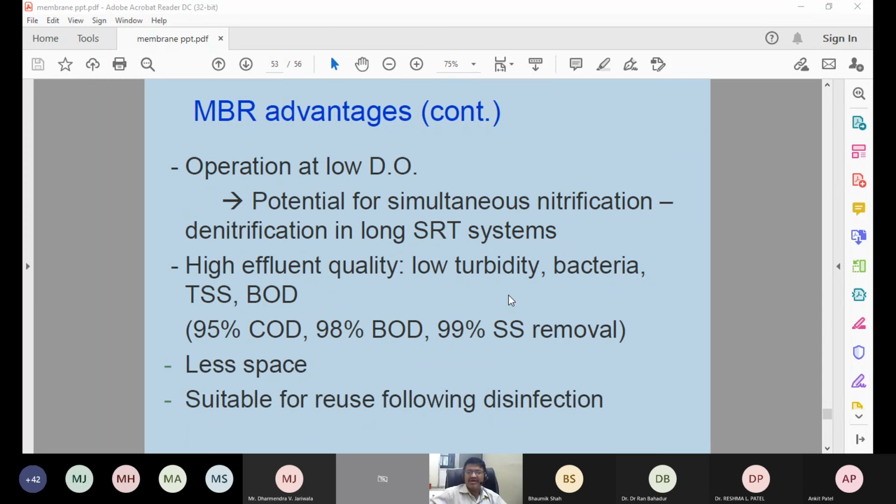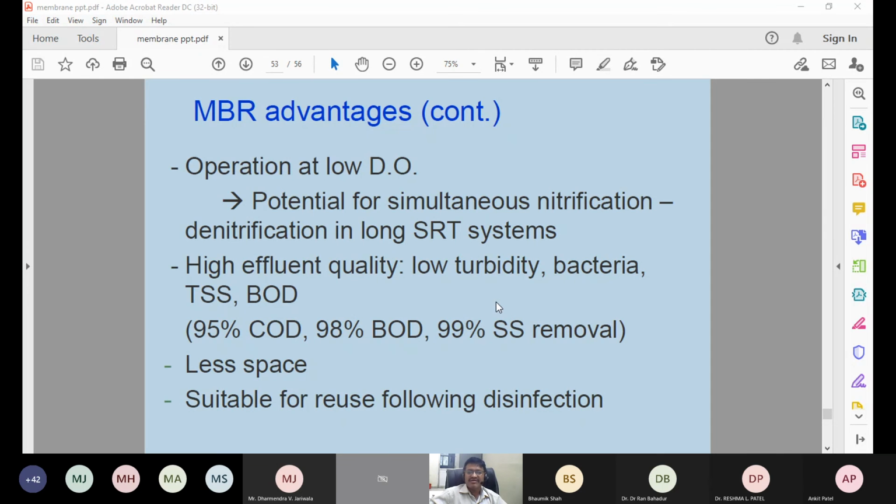In one institute I was earlier, the authorities wanted the RO to be placed, but TDS was 200. I was trying to convince them that we don't require RO, but they said no, we have to give RO to the students.